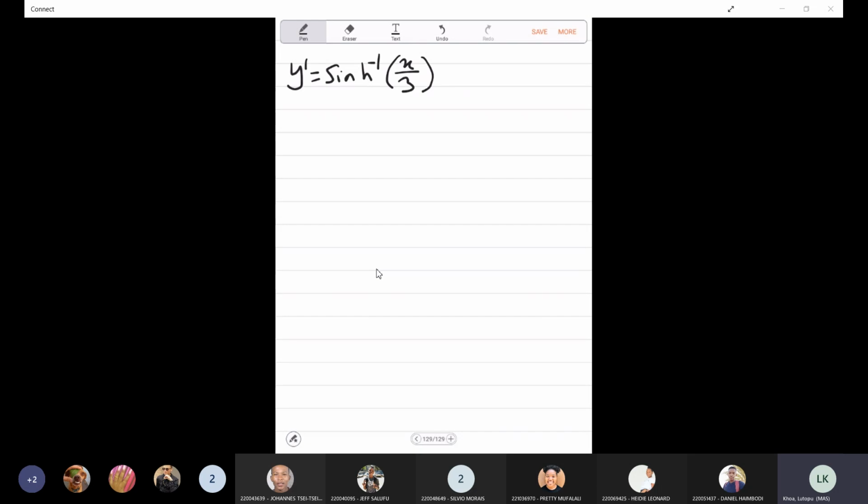Then 1.2.3, we are given x is equal to 1/e^t and y is equal to e^(2t), and we still have to work out the first derivative, that is dy/dx.